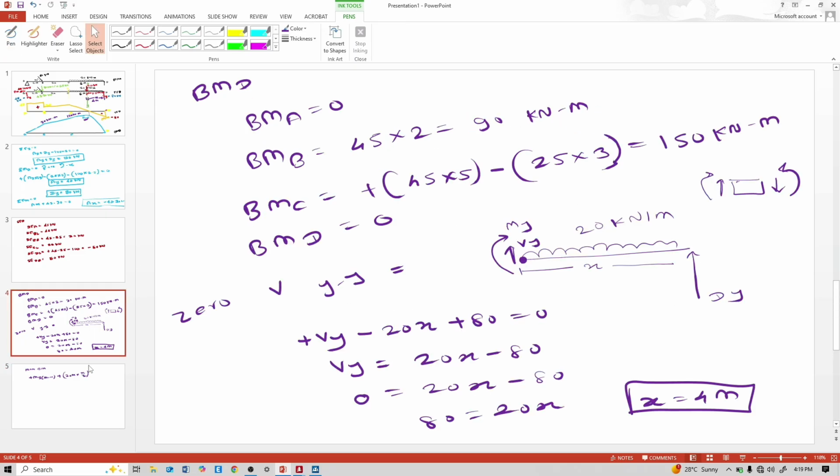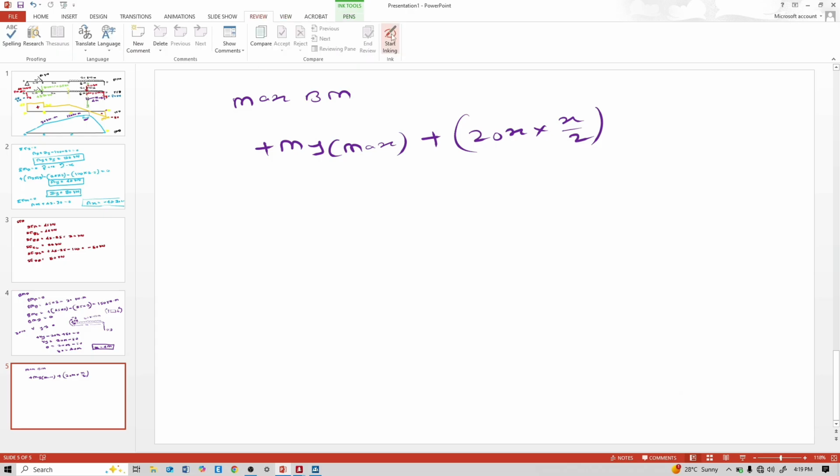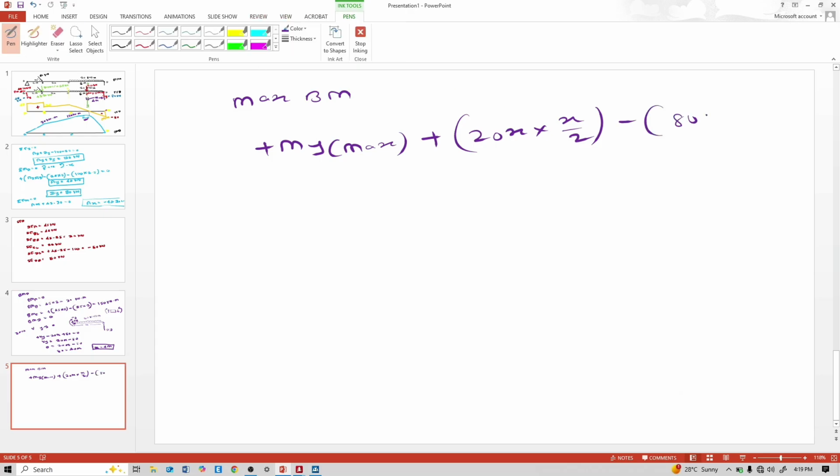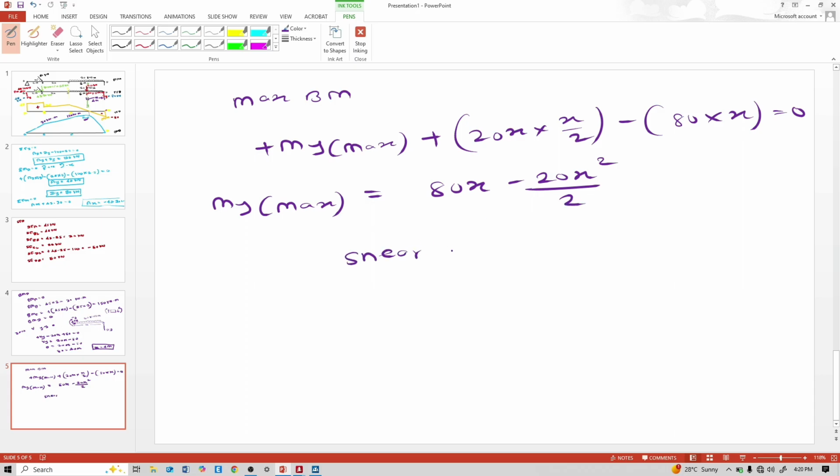And this is anti-clockwise, minus 80 into x. So this My maximum is equal to positive 80x minus 20x square by 2, where shear is 0 at x is equal to 4 meter. That means bending moment is maximum at 4 meter from D point.